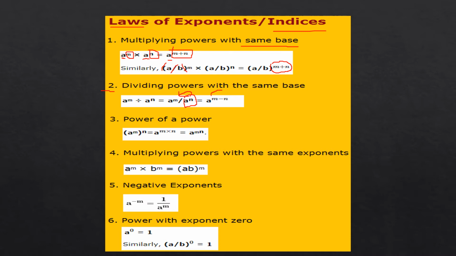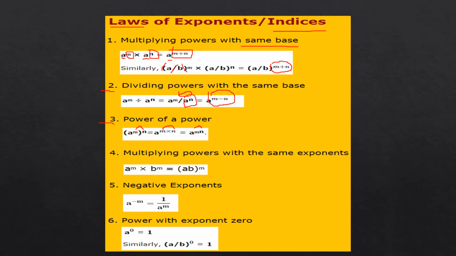So m plus negative n will be m minus n. Number 3, we have a power over power. You will multiply power over power, so you will multiply m by n, it will be m times n, mn.